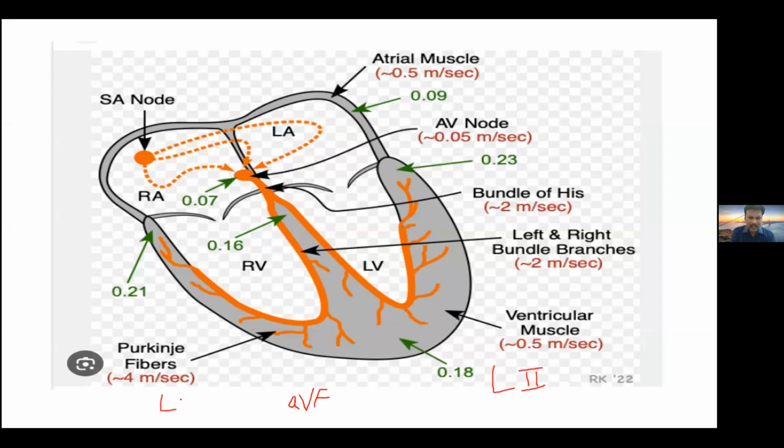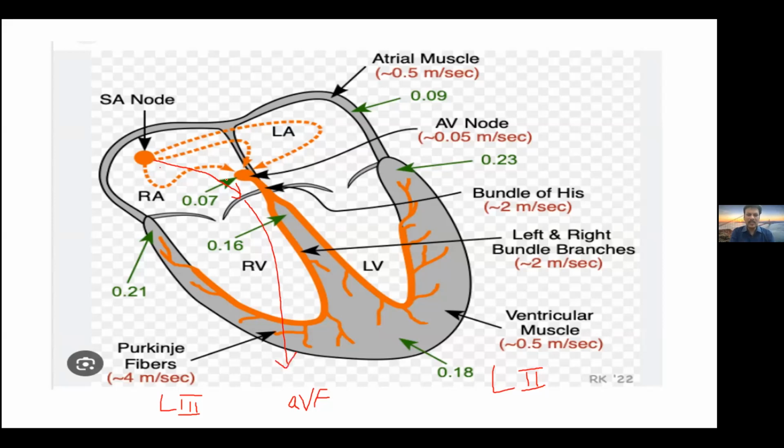In the inferior axis, lead 2 is 60 degrees, lead 3 is 120 degrees, and AVF is 90 degrees as per the axis diagram. All of this is coming from the SA node to the AV node, towards the inferior leads.